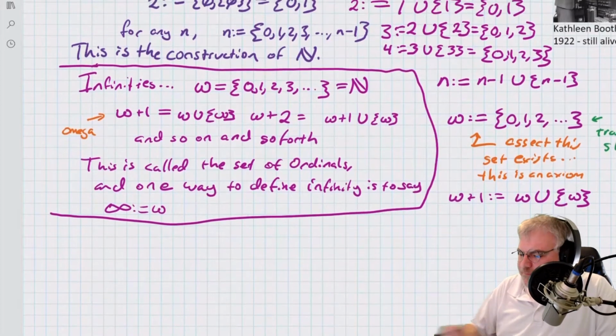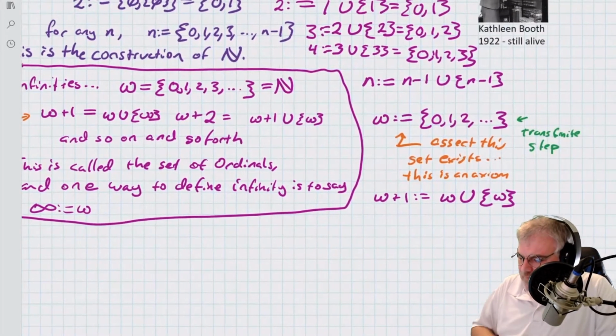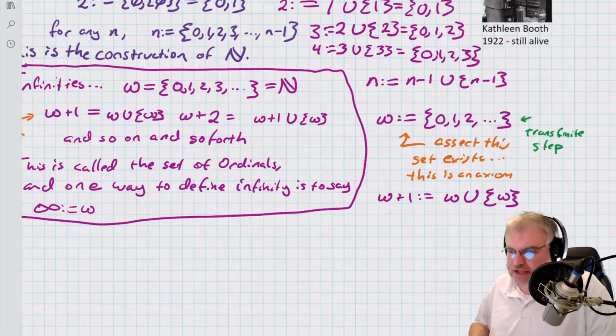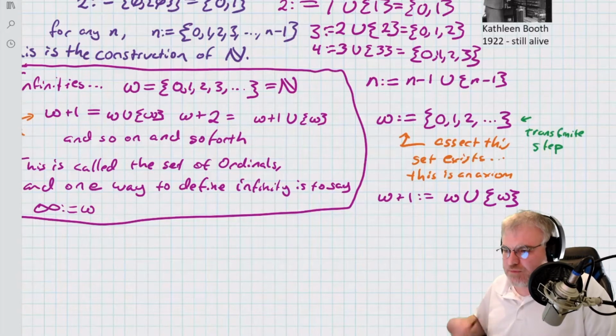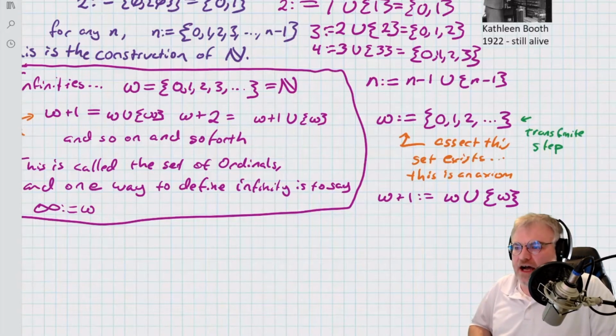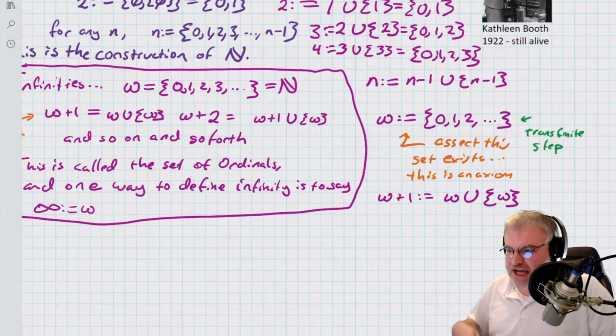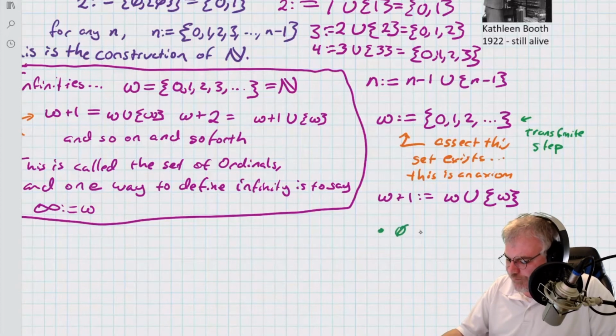This is called the Trans-Finite Steps. So these are axioms, right? These are the things that I'm assuming to be true. I'm assuming that the empty set exists. I'm assuming that for every set, there is a set containing only that set, right? What have I assumed? I've assumed that the empty set exists.